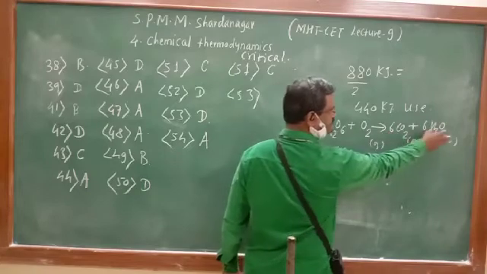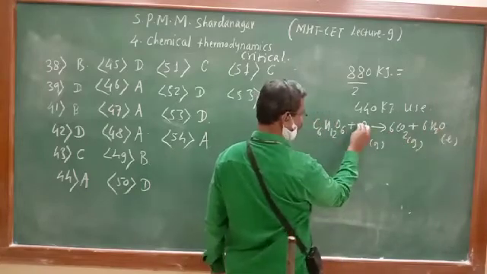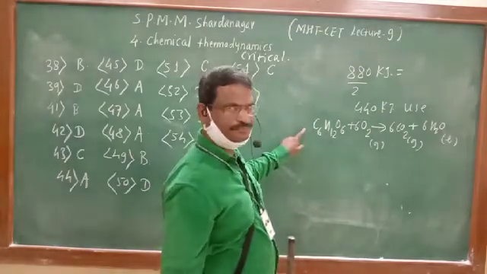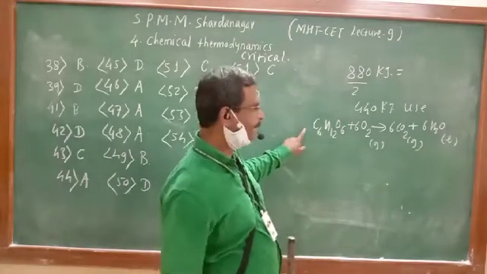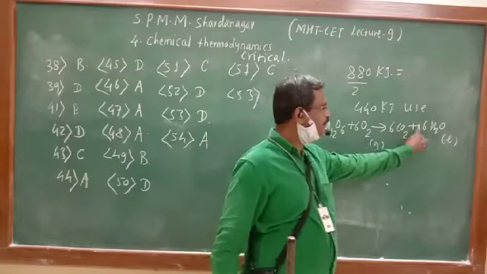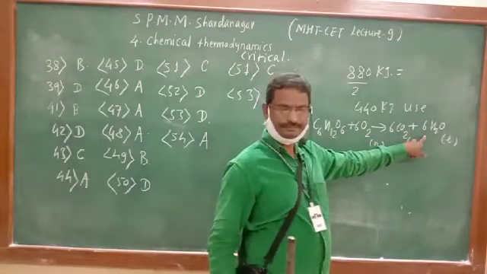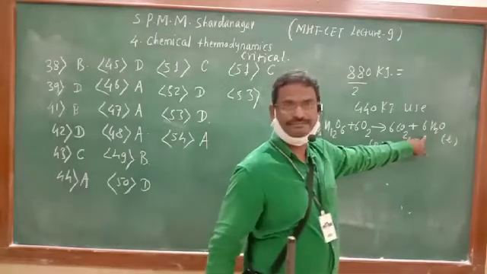6 to the 12, 6, 18, so 6 gone. Here it will be 6 O2. This is the reaction. By this reaction, how many moles of water are obtained? 6 moles. They have given the data.